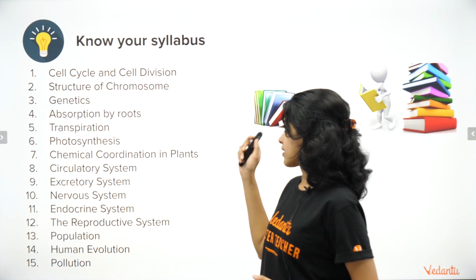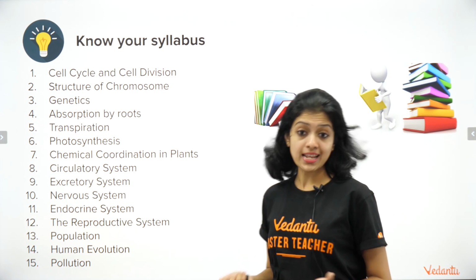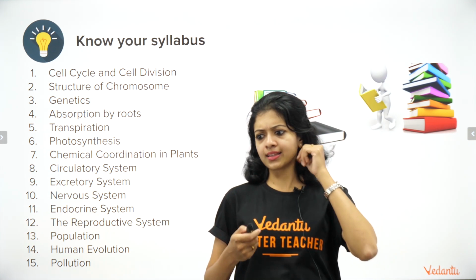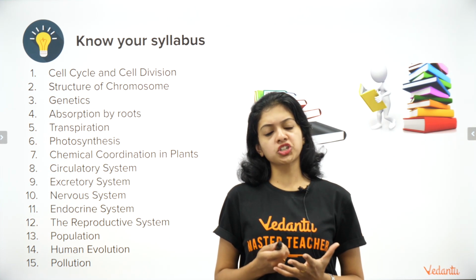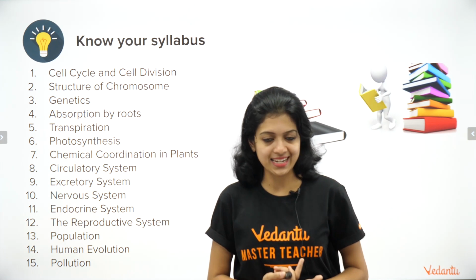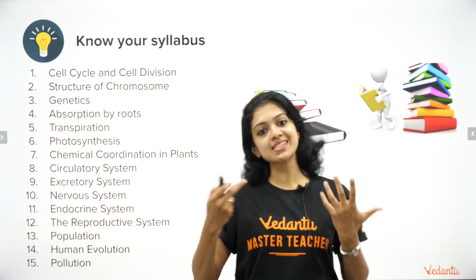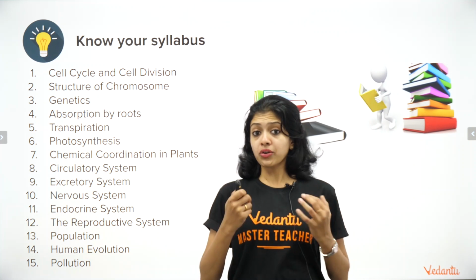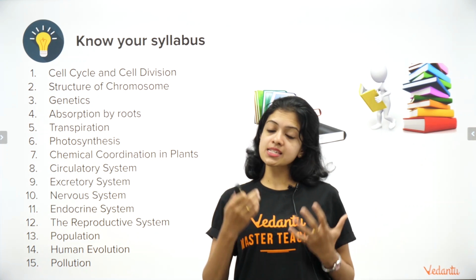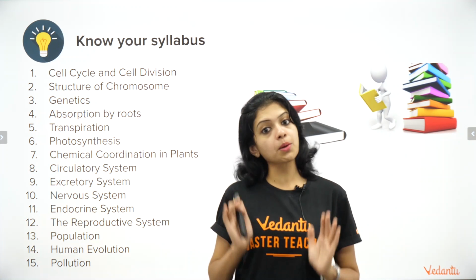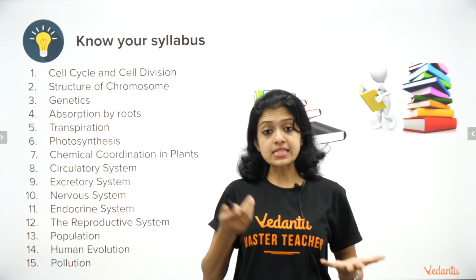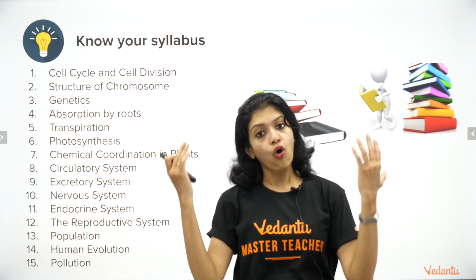Okay, and coming to chapters like genetics, I think that is a chapter which most of us would enjoy studying. At least for me as a student and as a teacher, I have always enjoyed that subject, because you really don't need to memorize too many things. Of course, you need to know the basic terminology. You need to know terms like alleles, genes, homozygous, heterozygous, and all of those things.